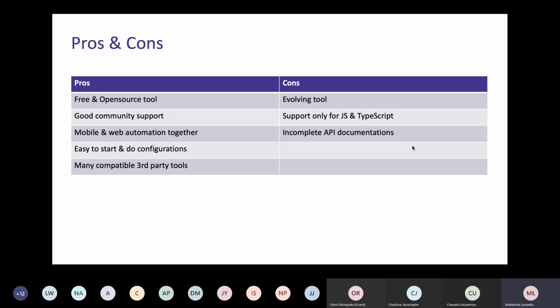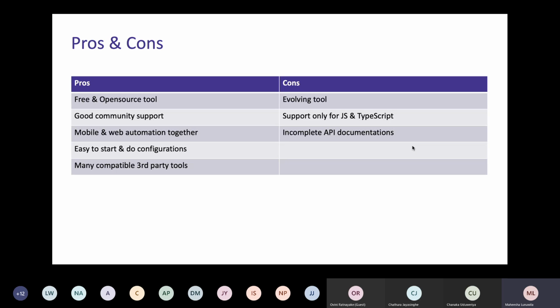As you saw, we have integrated our automation framework with the Allure report, BrowserStack, and ApplyTools. It's really easy to configure those with WebDriverIO, and it's compatible with third-party tool integrations.